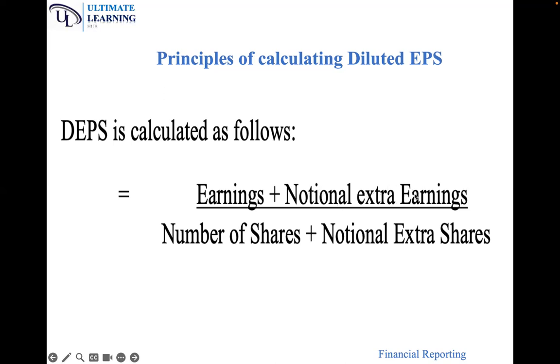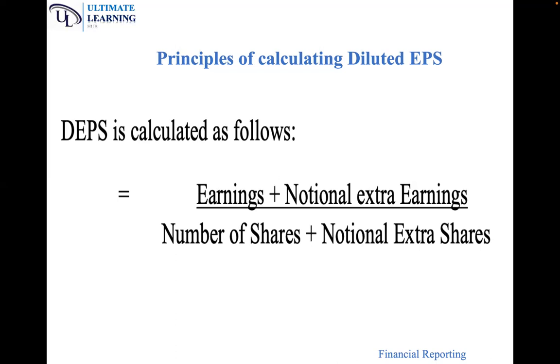So what is notional extra earnings? These are the extra earnings, the additional earnings we'll receive as a result of conversion of potential ordinary shares to ordinary shares. Let me give an example. If we convert loans into ordinary shares, we will be saving on the interest we were paying on the loan.